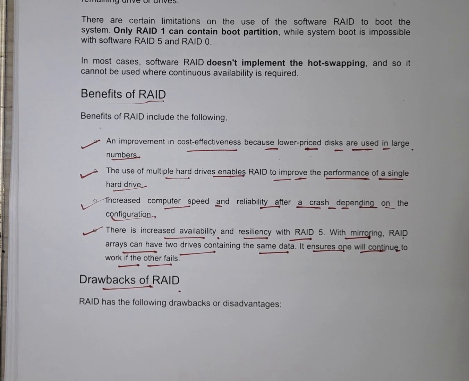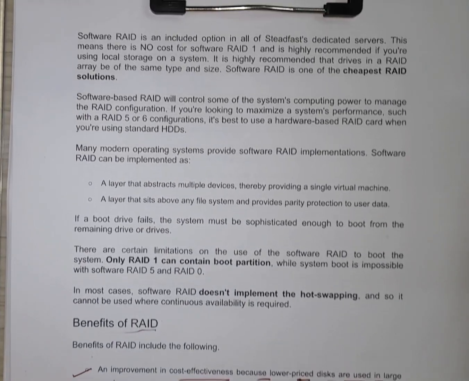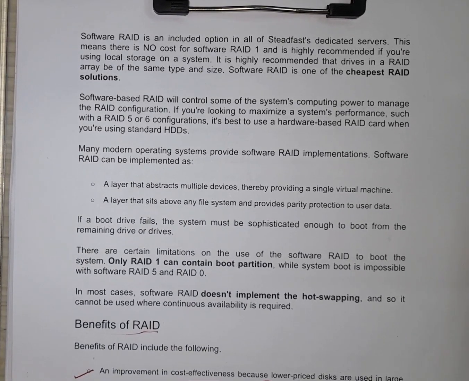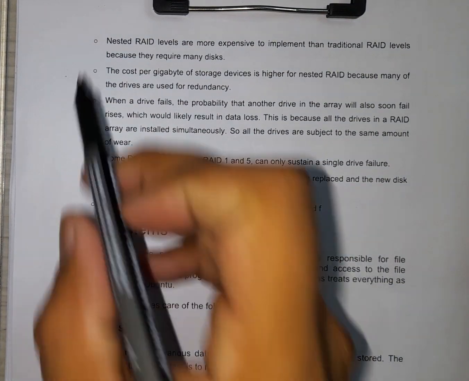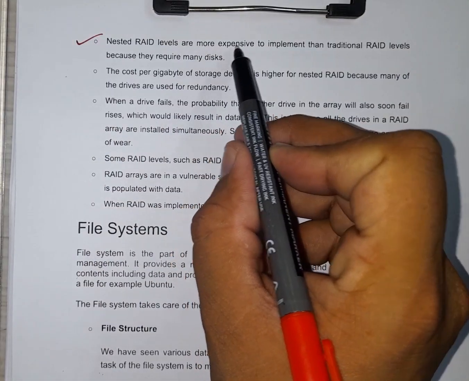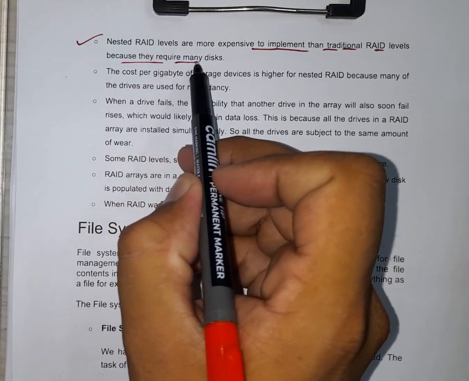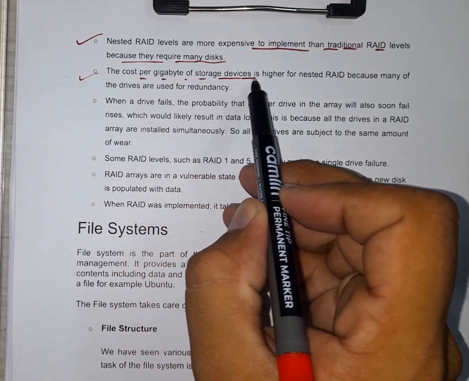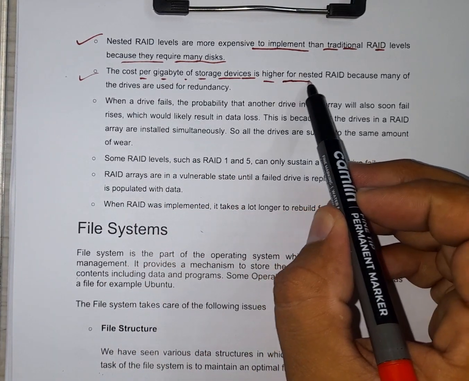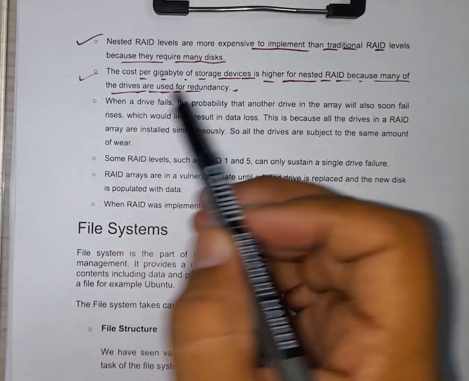Drawbacks of RAID. RAID has the following drawbacks. Nested RAID levels are more expensive to implement than traditional RAID levels because they require many disks. Cost per gigabyte of storage is higher for nested RAID because many of the drives are used for redundancy.